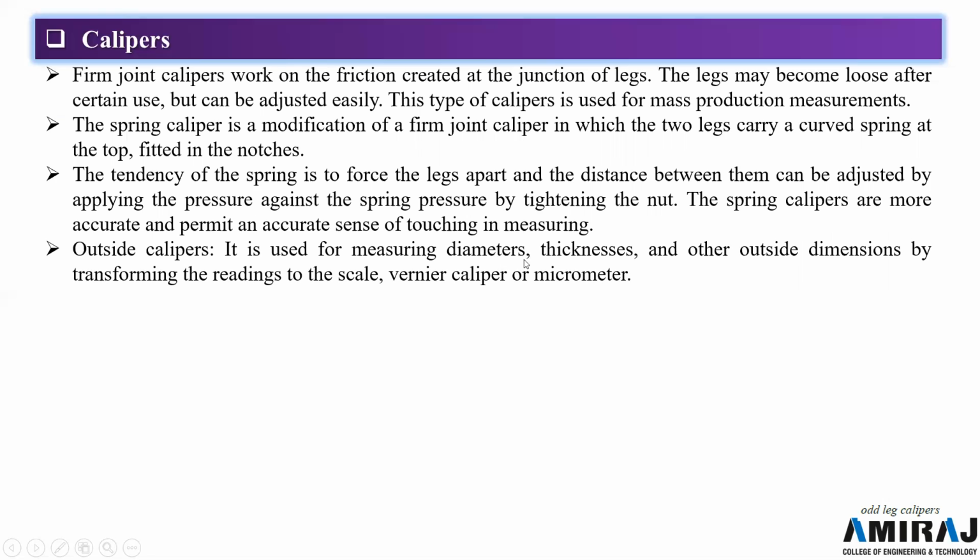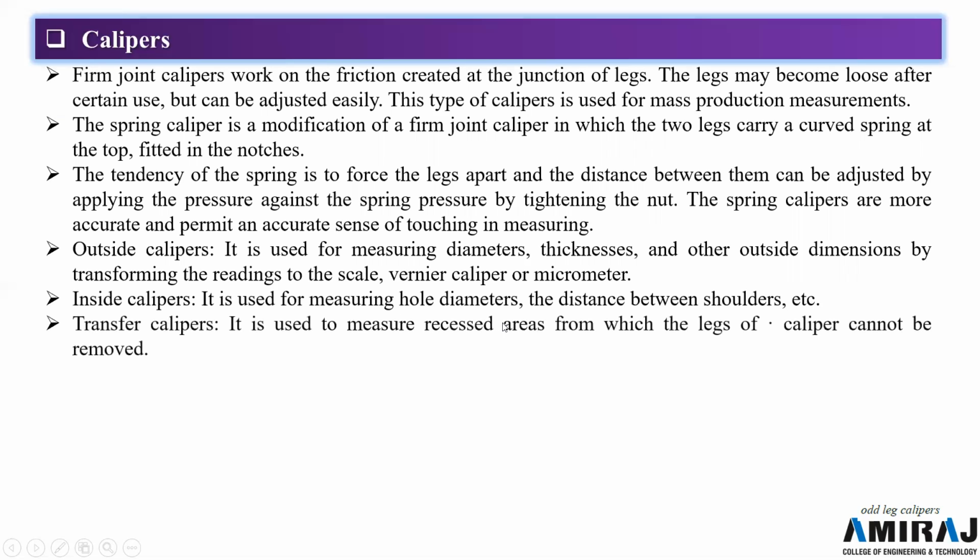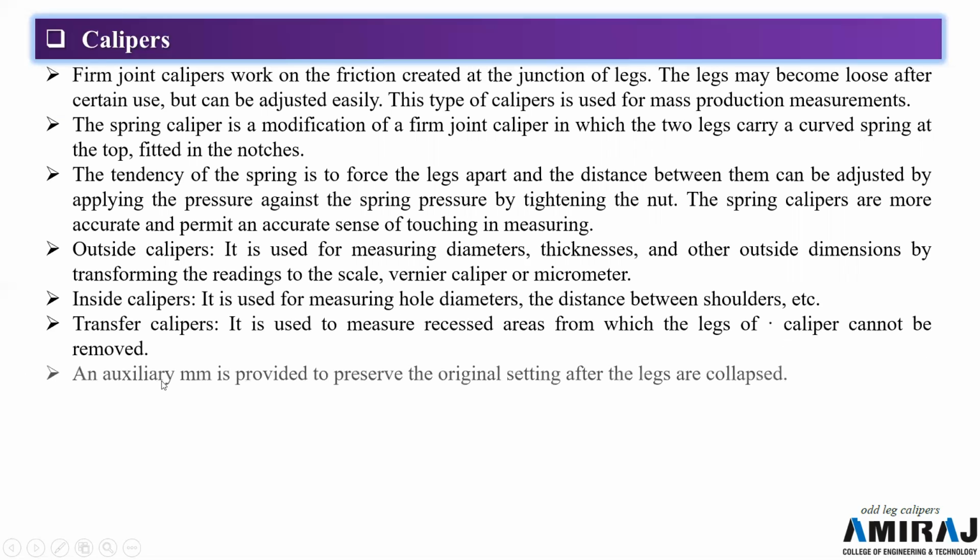They are used for measuring diameters, thickness, and other outside dimensions by transferring the reading to a scale, that is vernier or micrometer. Inside calipers are used for measuring hole diameters and distances between shoulders. Transfer calipers are used to measure recessed areas where the legs of the caliper cannot be removed.